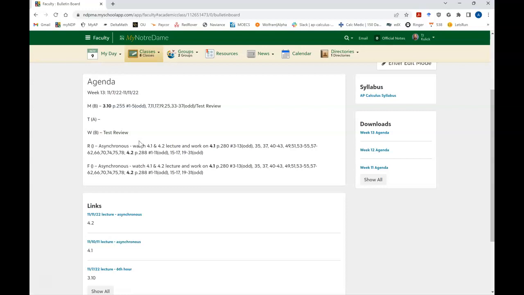Both the ideas are pretty straightforward. 4.1 is all about maxes and mins, finding maxes and minimums for functions using calculus. And 4.2 is all about the mean value theorem, which is kind of like a more specific version of the intermediate value theorem.